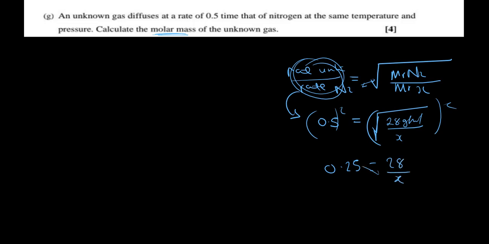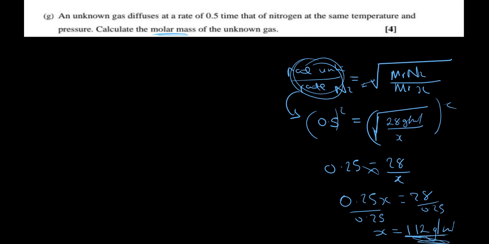So you cross multiply, so that will be 0.25x is equal to 28, like that. So you divide throughout by 0.25. So x is equal to 112 grams per mole. All right, so this is the answer. This is how you are supposed to calculate. So this is the molar mass of the unknown gas.